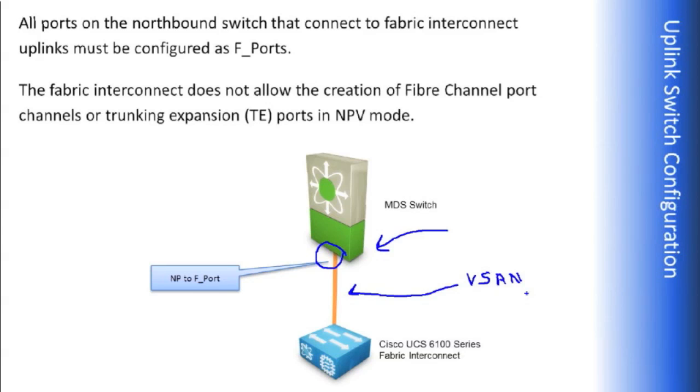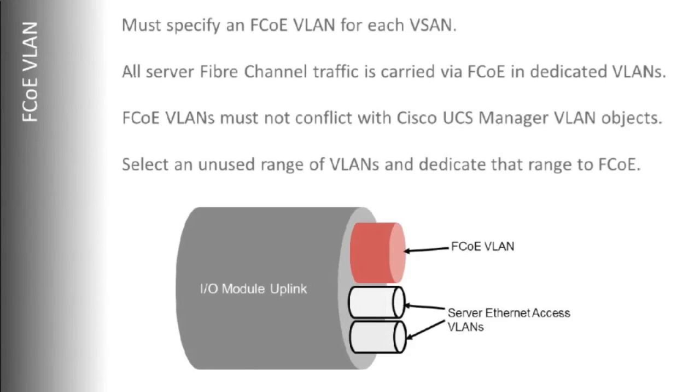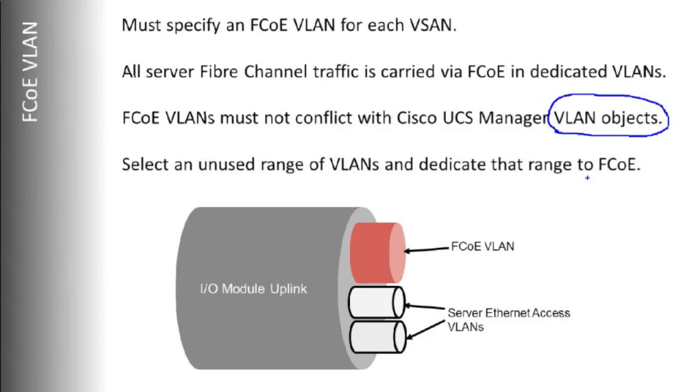If we're going to engage in fiber channel over Ethernet VLANs, notice we need to specify the fiber channel over Ethernet VLAN for each of the virtual storage area networks. Notice we cannot conflict here with the VLANs we created for the LAN aspect of our environment.